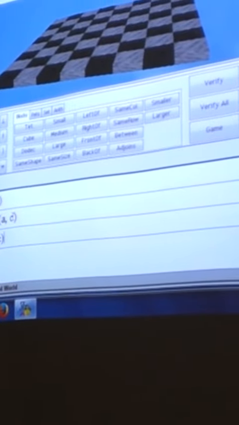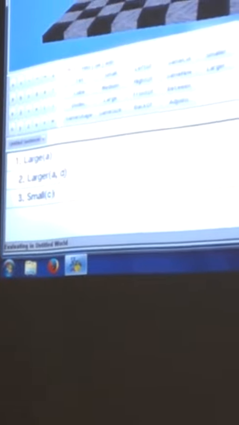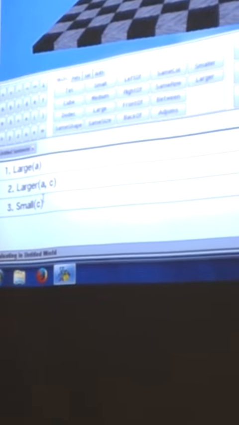C could be either small or medium. So am I forced to the conclusion that C has to be small? No. No, because C could also be, Brian? Medium.